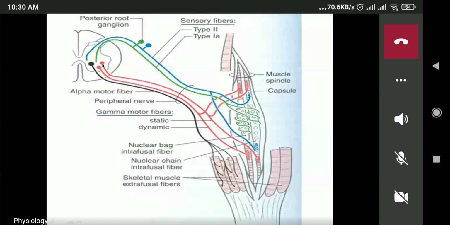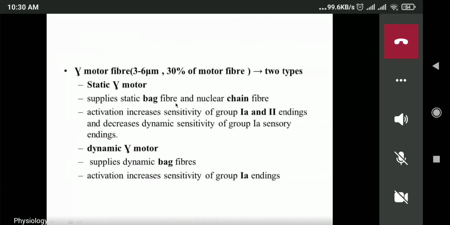Am I clear? Two types of gamma motor fibers are there. Static gamma motor supplies static bag fiber and nuclear chain fiber.